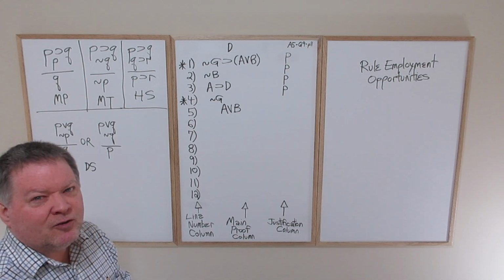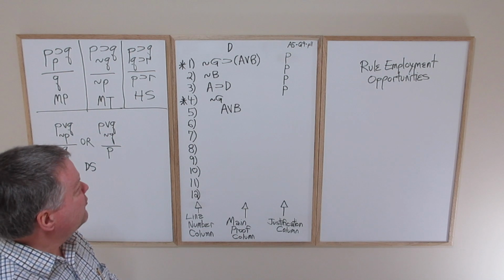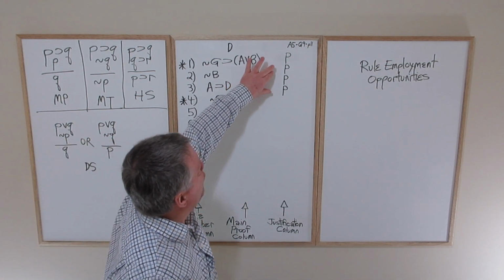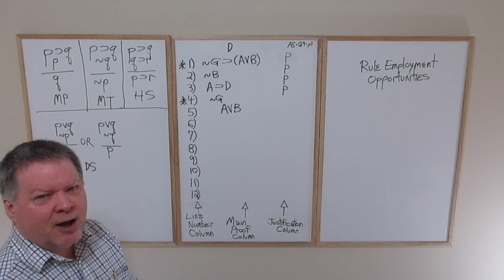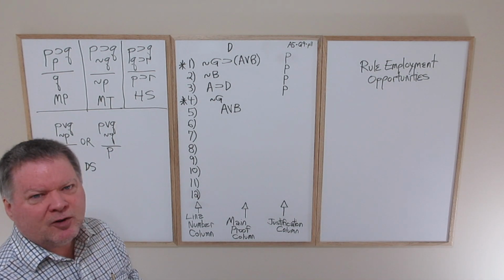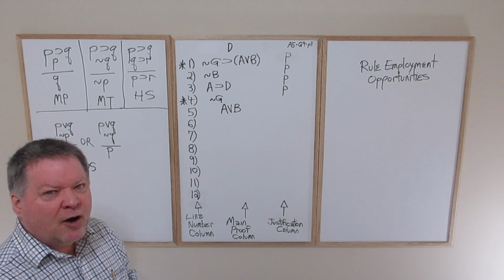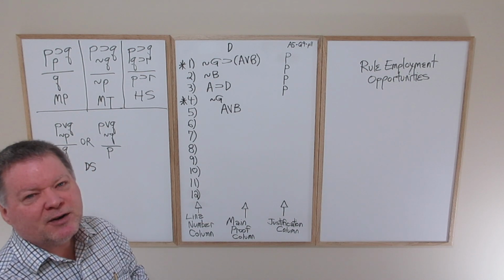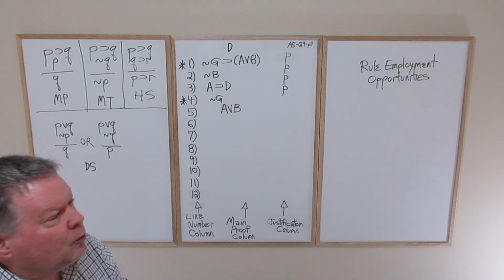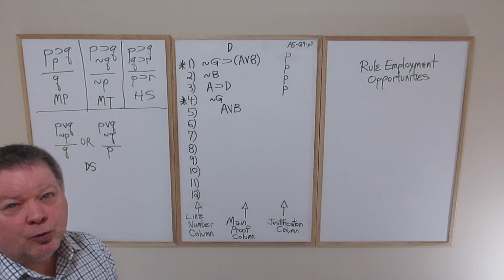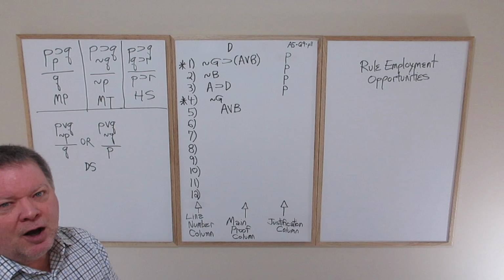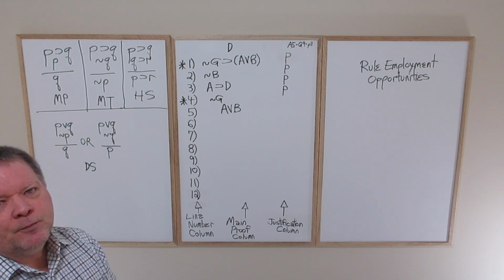Every sentence has to be justified. As far as the 4 premises go, the justification for them is that they're premises. We are assuming for the sake of argument that they are true. We're temporarily assuming that all 4 premises are true in order to make a validity determination.